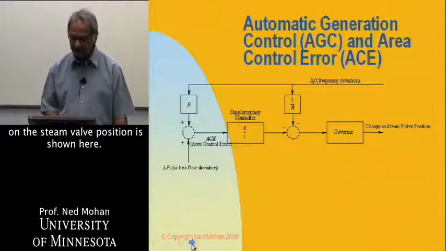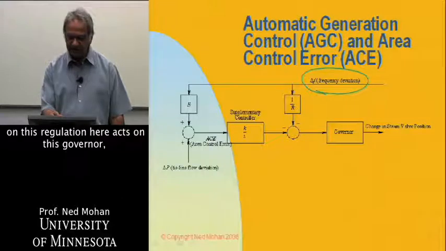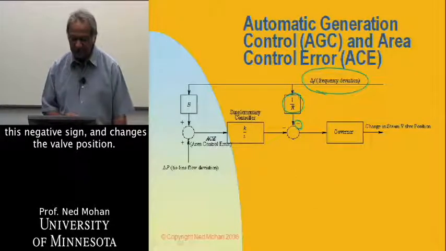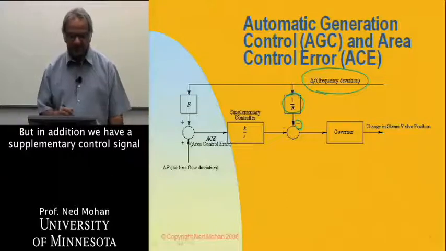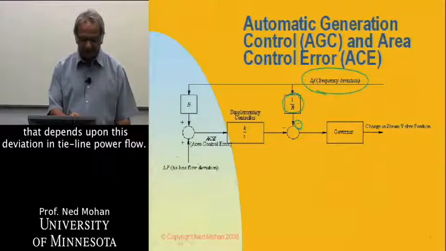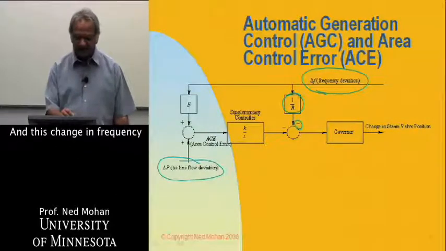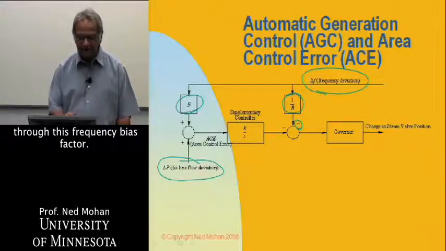We had seen earlier that frequency deviation, based on this regulation, acts on this governor with a negative sign and changes the valve position. But in addition, we have a supplementary control signal that depends upon the deviation in tie line power flow and the change in frequency through the frequency bias factor.